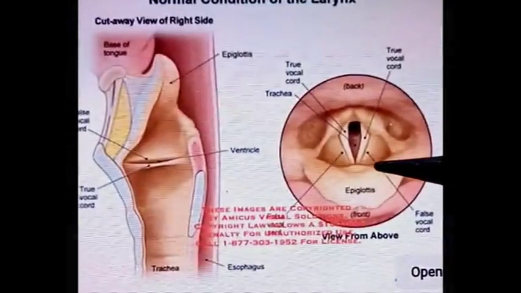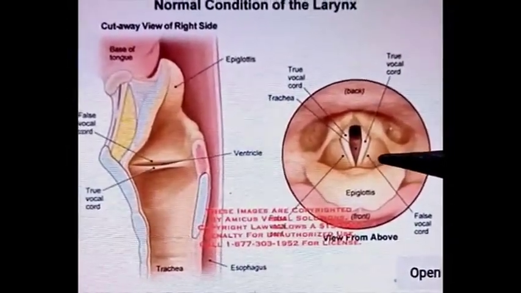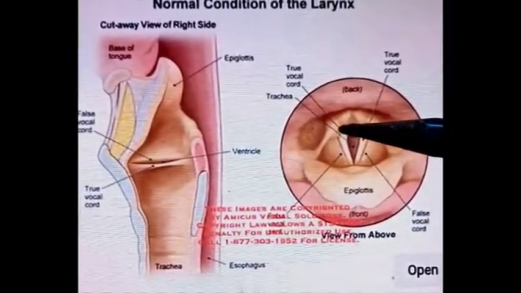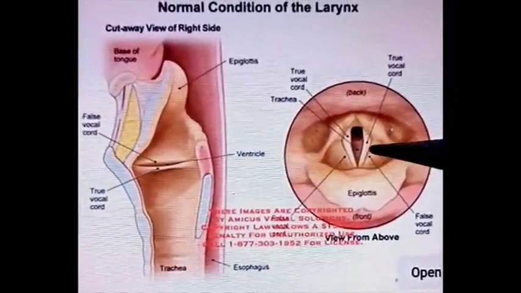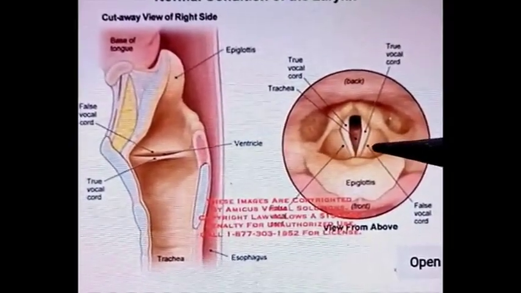In the transverse section across the larynx, these two folds are visible in this manner. This white colored fold is the vocal fold, and on the lateral aspect of this vocal fold there is the vestibular fold.